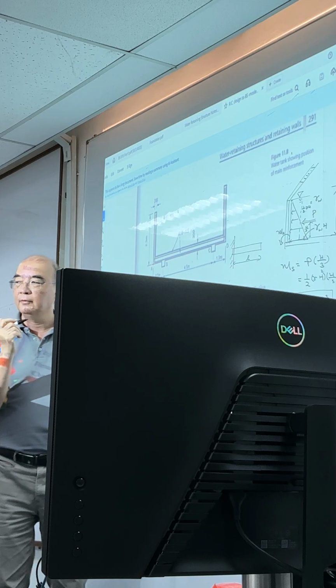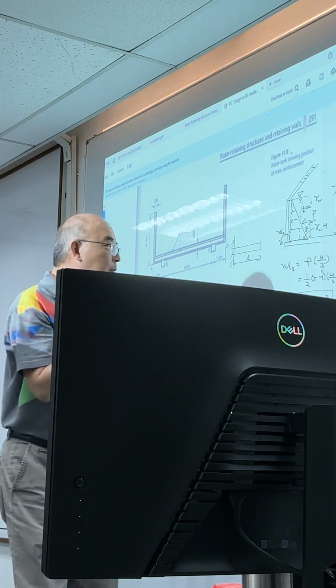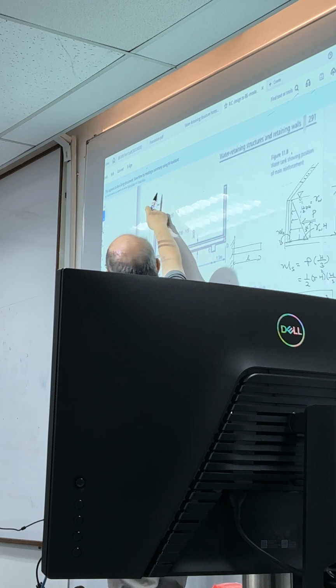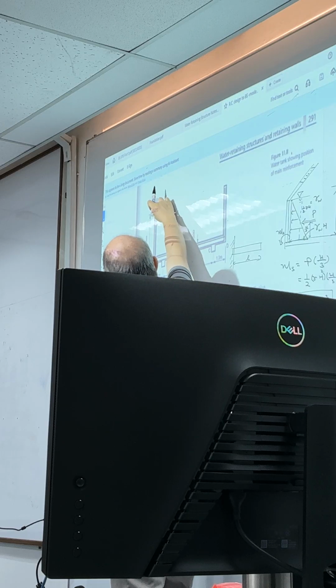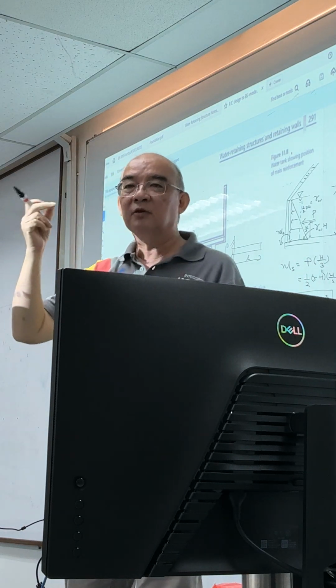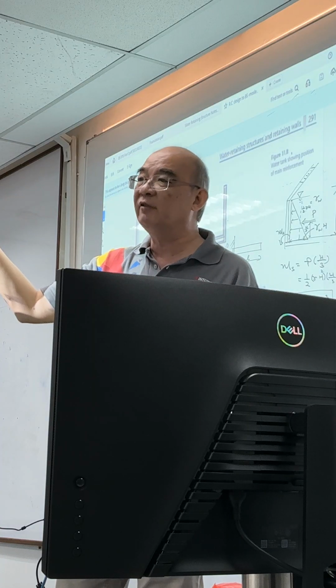So that is why they add this term. This wall here is 200, right? So the D, when you minus the cover and the rebar, is roughly 150.